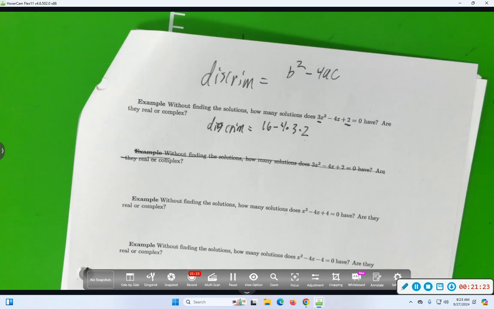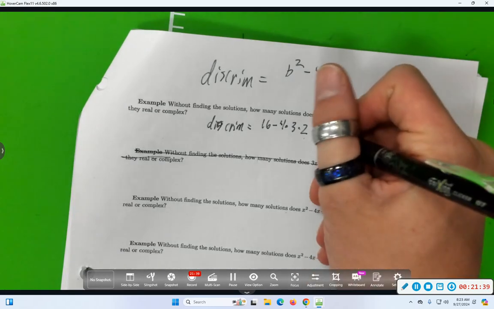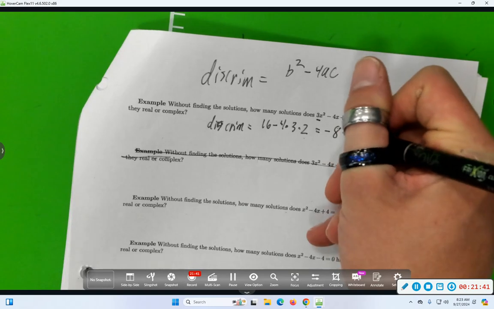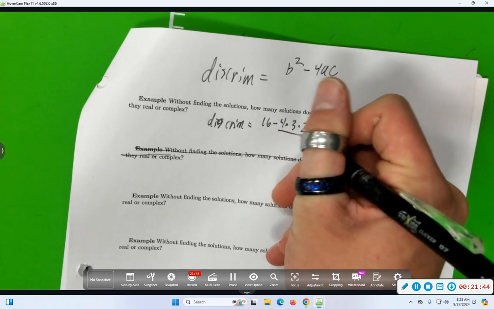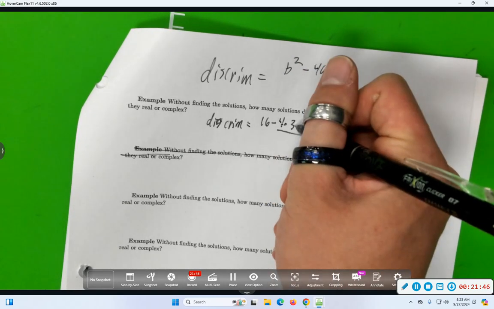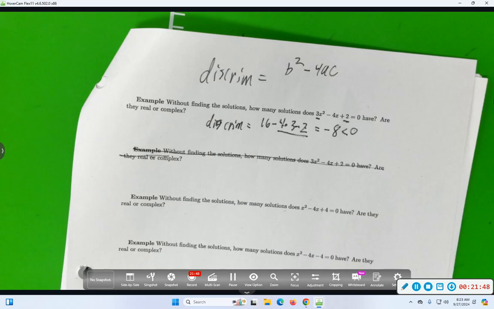Which one wins? Positive 16 or negative 24? The negative is bigger, because you can actually compute it and determine what negative number it is. Yeah, I think I got -8, that sounds right. On the other hand, you could say, well, that's already 12 times 2, so that's definitely bigger than 16. So you don't need to do the computation in all detail.